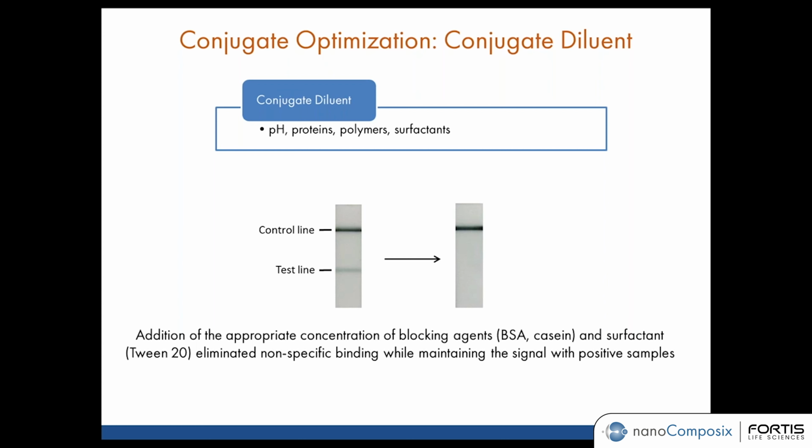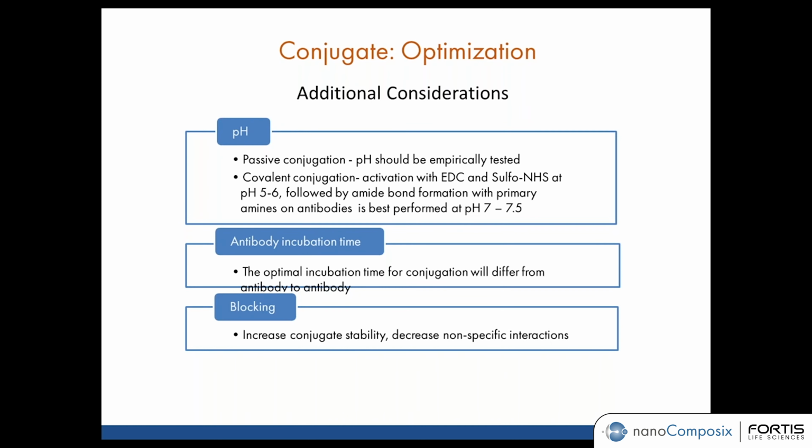With the addition of blocking agents, specifically BSA and casein in this case, and also the addition of Tween 20, the nonspecific binding at the test line was eliminated while maintaining a positive signal at the test line with a positive sample. Other optimizations to perform for the conjugate include pH optimizations, antibody incubation time, and blocking steps.